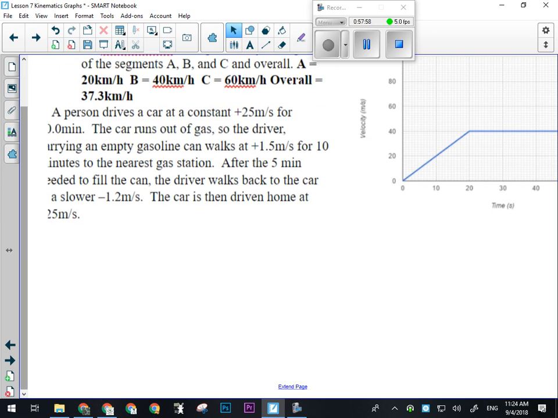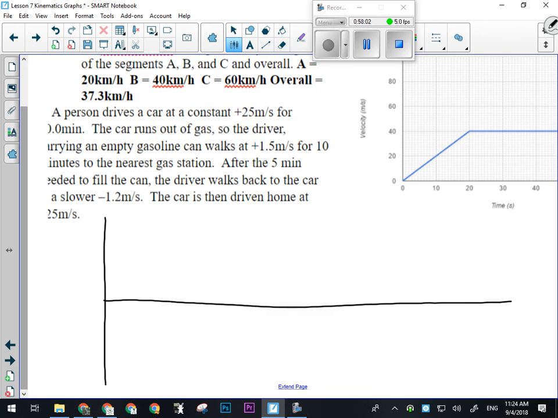The first thing I want to do if I'm drawing this graph is not use minutes. I've got a velocity in meters per second and time in minutes, and it's not hard to convert. So we're going to start here at positive 25 meters per second, and that's going to go for 600 seconds, because that's how long 10 minutes is in seconds.